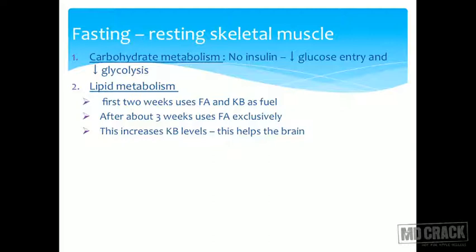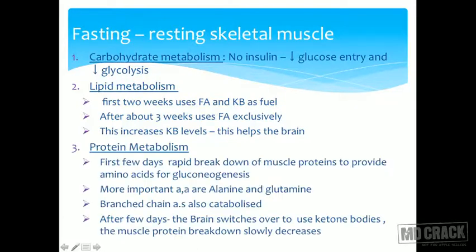I will start using only fatty acids. So it switches over. And by that time the brain has switched over from glucose to ketone bodies. So all the tissues are happy, and the liver is synthesizing more and more ketone bodies. So it switches over exclusively to fatty acids, and this increases the ketone body levels and helps the brain.